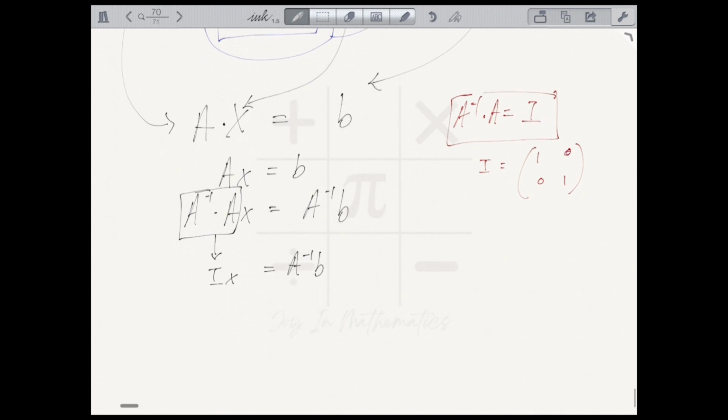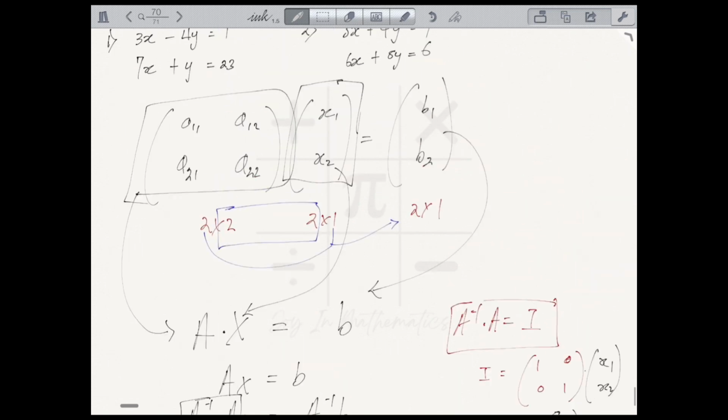Now, if we multiply an identity matrix with a column matrix, like a 3 by 1 matrix or a 2 by 1 matrix, so if we multiply this by x1 and x2, the result will be x1, x2. So therefore, we are saying that it's X, because X is x1 and x2.